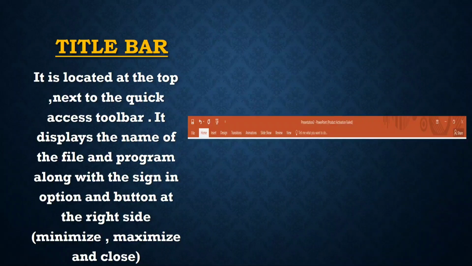Now the title bar. It is located at the top next to the quick access toolbar. It displays the name of the file and program along with the sign in option, and the minimize, maximize and close buttons at the right side. Here you can see the document name, whatever name you have saved or given to your document.